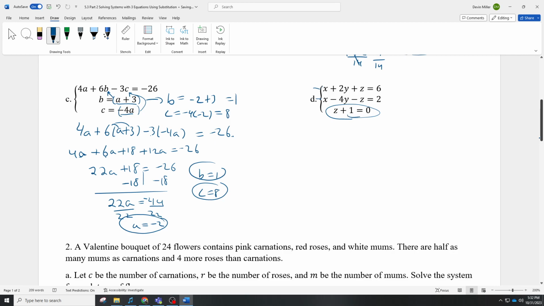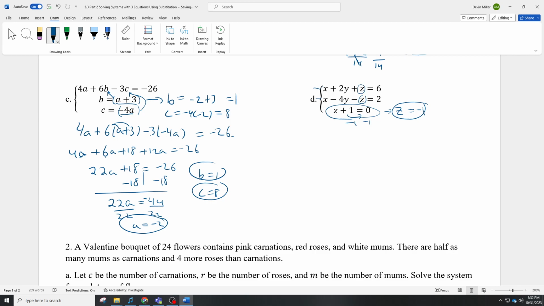I would just move the 1 over so we get a z value. So we can easily get a z value by subtracting the 1, z equals negative 1. Now that we know one of the answers, we can plug that into the top 2 equations for z, and that will help us a little bit.